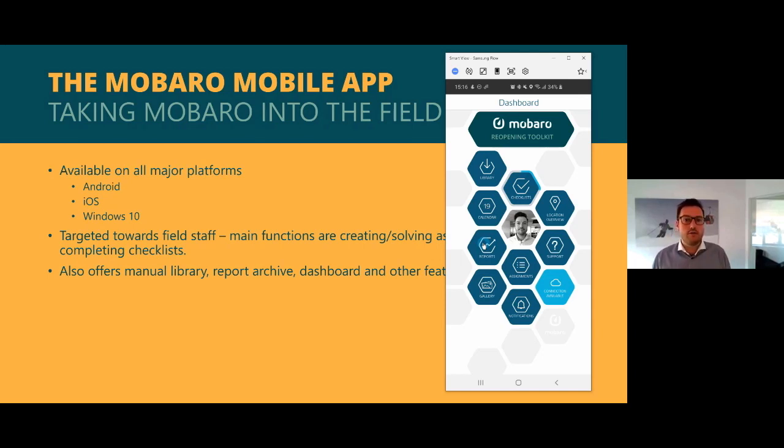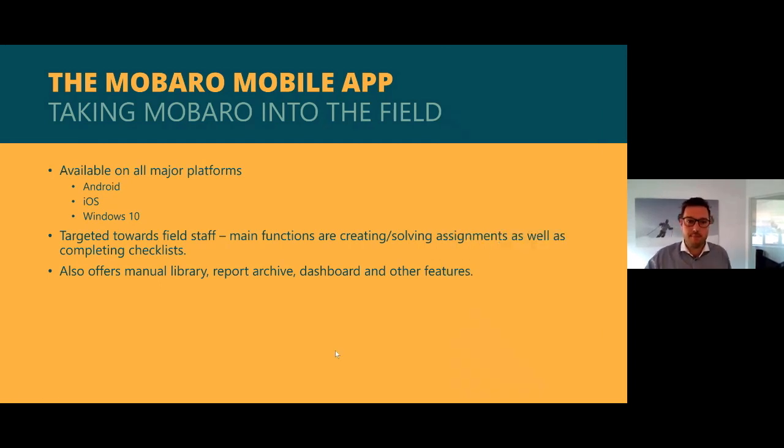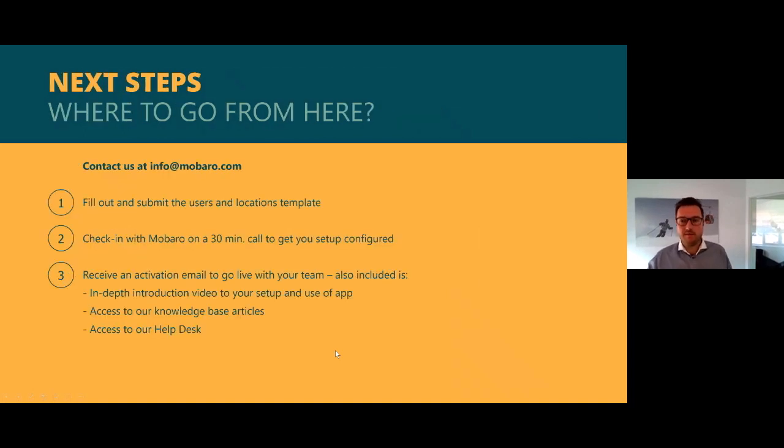And we also send out weekly activity summaries that, on a supervisor level, sum up the different Mobaro activities that have taken place. So that would be open assignments, completed assignments, completed checklists, but also missed checklists, so that you can dive into the underlying metrics directly in the web application from the links contained in the email notifications.